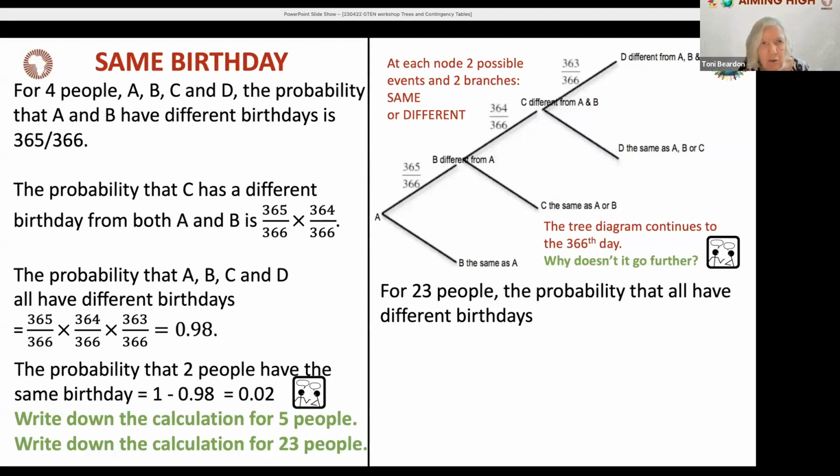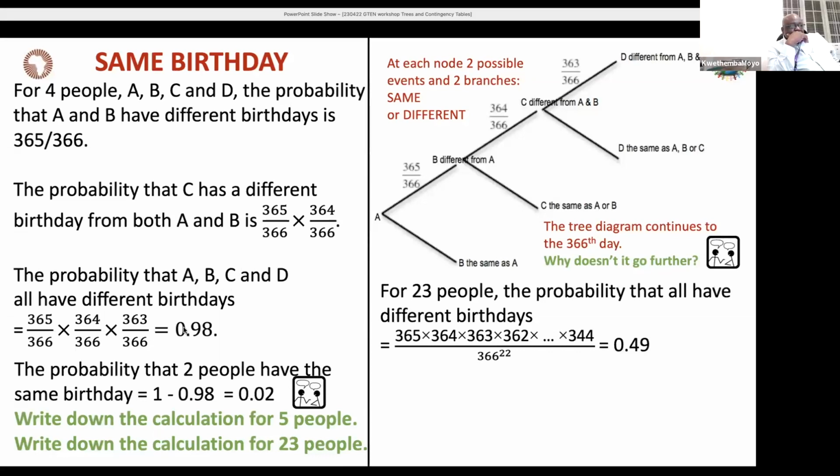So what we've asked you the question about, is it going to be less than or more than? Okay, so the probability that they all have different birthdays is 366 to the power 22 on the bottom. Notice that when we had 4 people, it was 366 to the power 3 on the bottom. One less than 4.